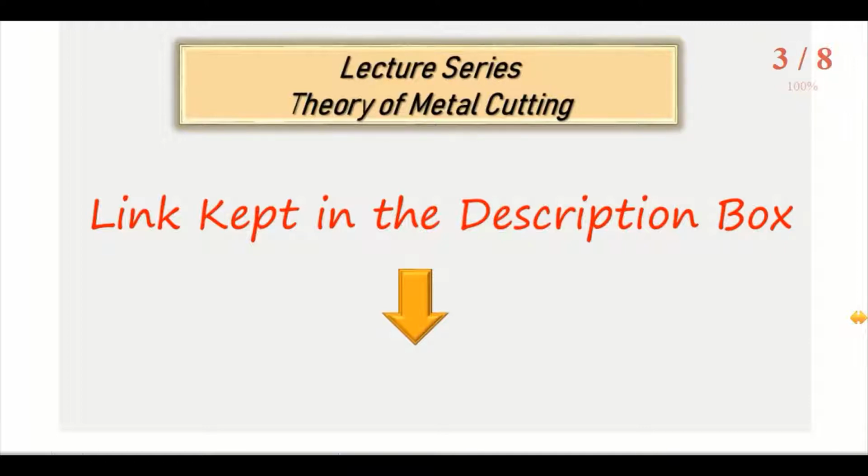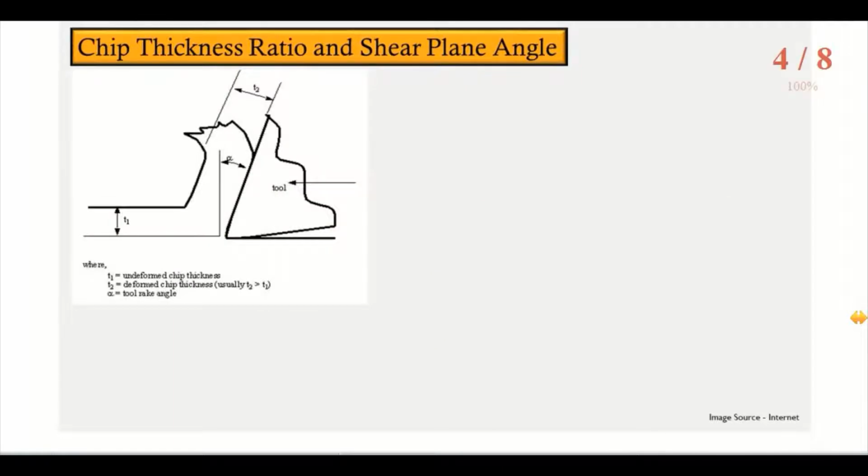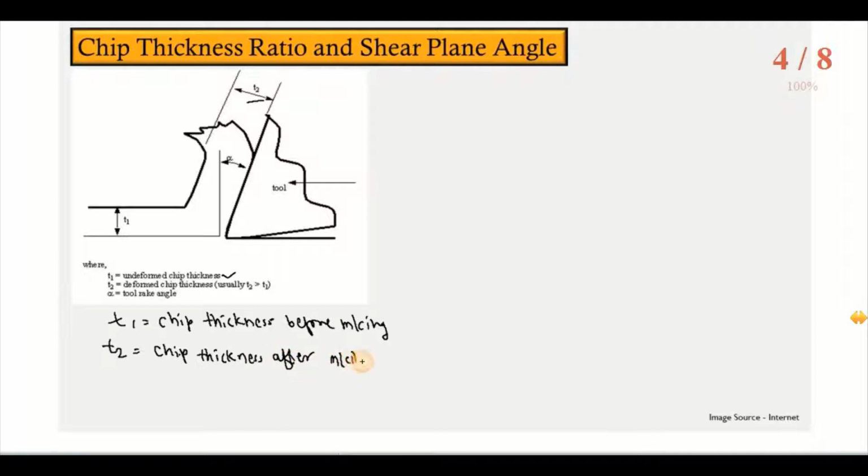Now we'll move forward to the chip thickness ratio. In this you can see T1 is the undeformed chip thickness, that is, the chip thickness before machining operation, and T2 is the deformed chip thickness, that is, the chip thickness after machining process.